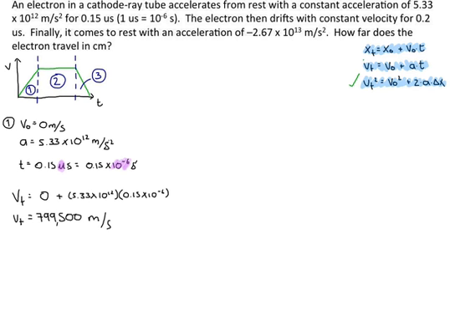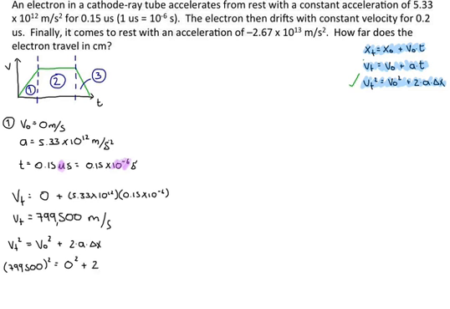So you say that the final velocity squared is going to be equal to the initial velocity squared plus 2 times the acceleration times the displacement. Final velocity, we just found that, so it's 799,500 squared. Initial velocity, well, that's 0.